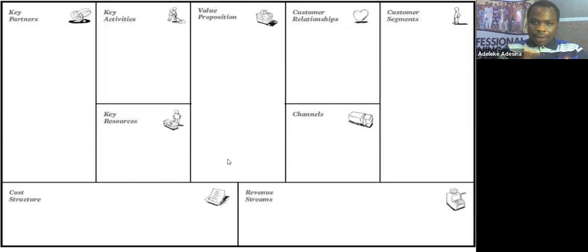If you look at both, you will see that they are almost similar, except for some points of difference. Both of them have the customer segment, both of them have the value proposition, both of them have the channels to customers, both of them have the revenue streams, both of them have the cost structure. So the point of difference is that in the lean canvas, you don't have the key partners.